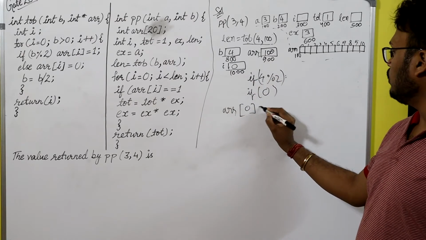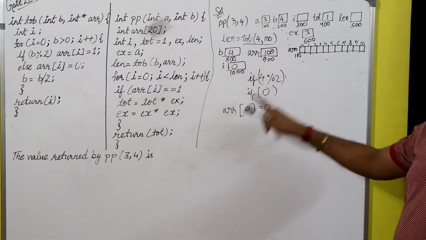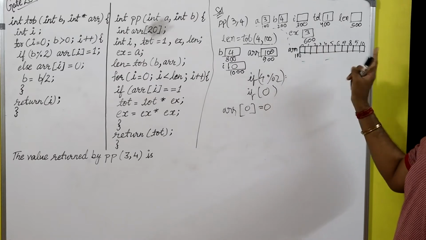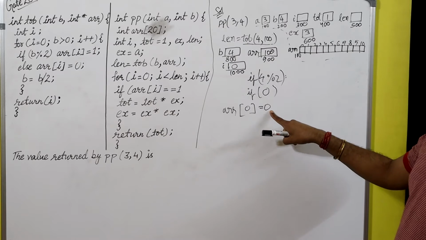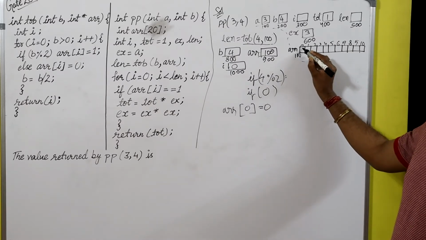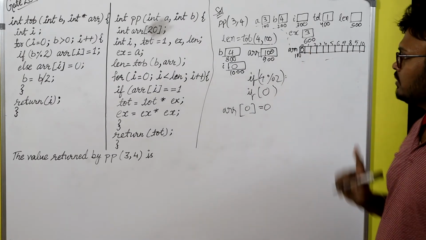So ARR of 0 is equal to 0. I am talking about this array, because here only a single one-dimensional array is there whose size is 20. So ARR of 0 is equal to 0. So here I am writing 0. I hope it's visible to you.